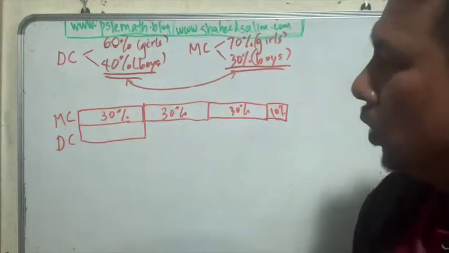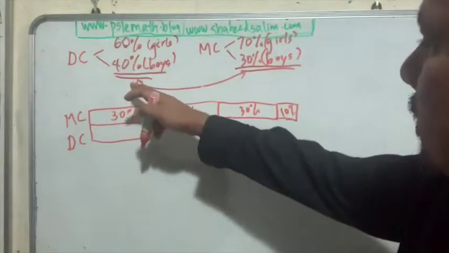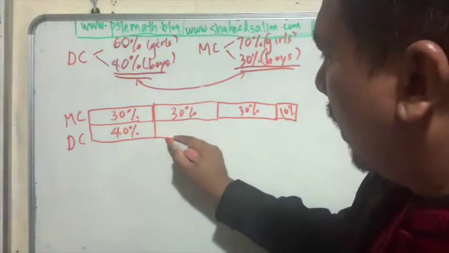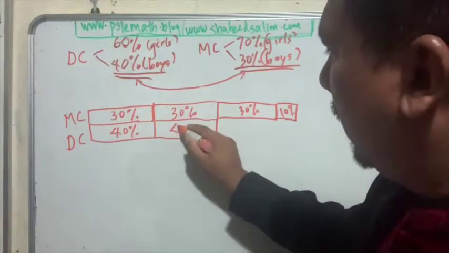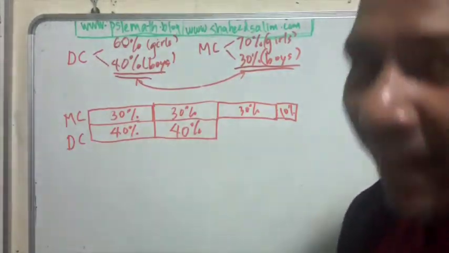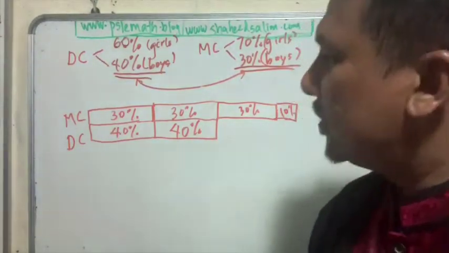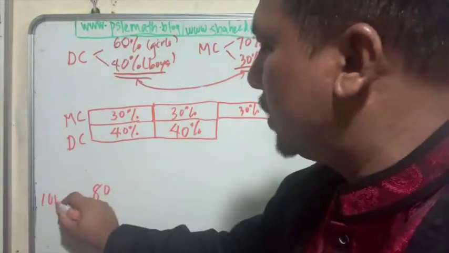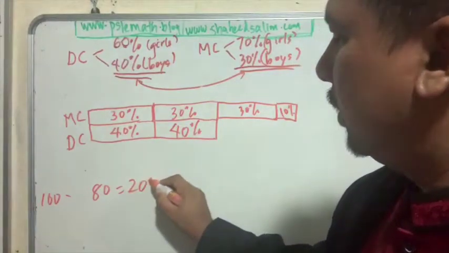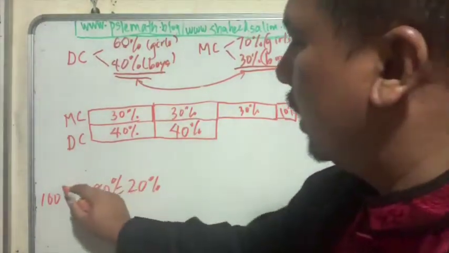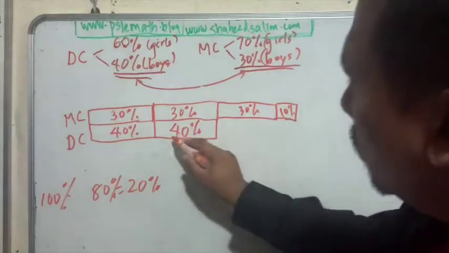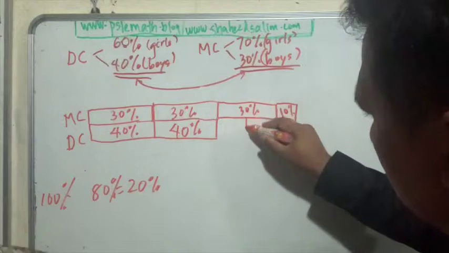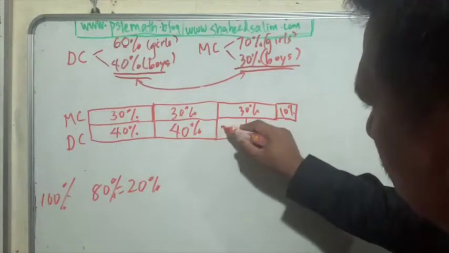Over here, in a dance club, 40% are boys. So if I draw another 40%, it makes 40 plus 40, 80%. We want to find what's the balance. 100 minus 80 is 20%. I need another 20%. So if this is 40, half of it will be 20. It's 20% here.